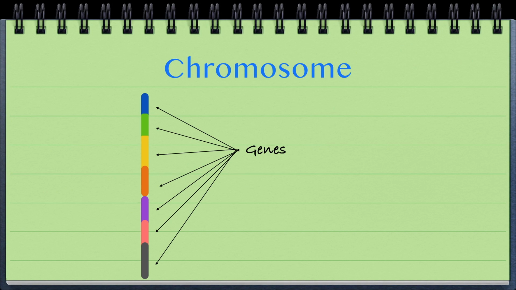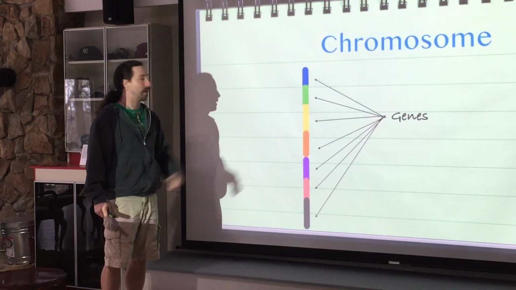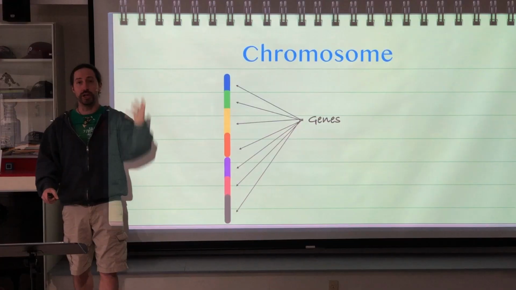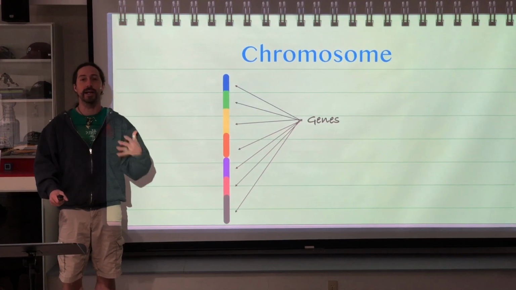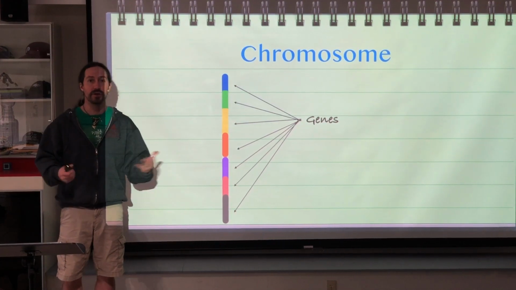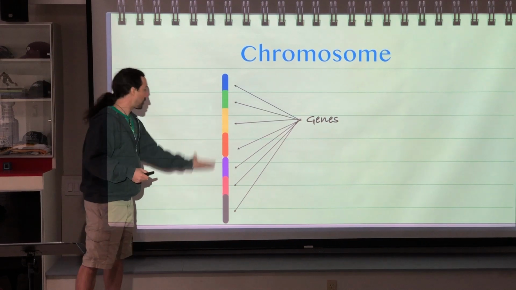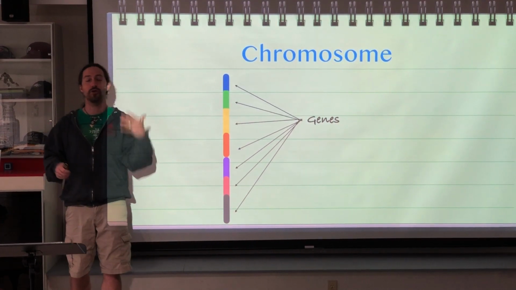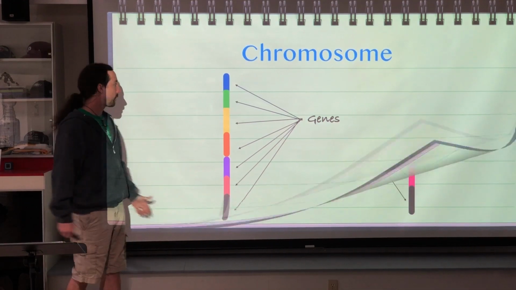So if we were to look at a chromosome, there's our strand of DNA, and it's made up of different segments, different genes, which we are illustrating here by different colors. So we have 1 chromosome right here with its different set of genes, each gene controlling a specific trait.